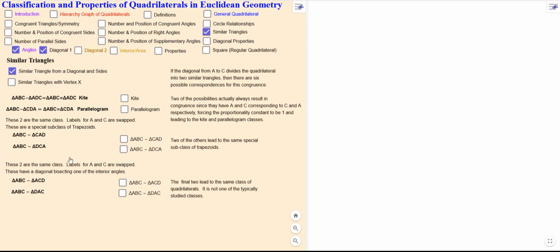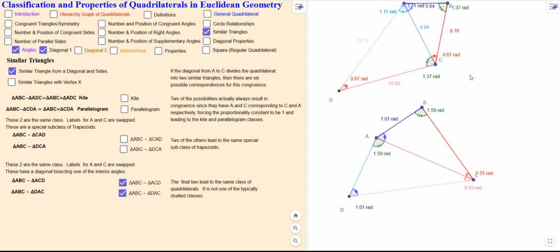And finally, we got two others that turn out to give us the same class. I'll go ahead and pull them both up here. The first one is ABC is similar to ACD. So A has the same size in both of them. So that means you've got an angle bisector up here at A. See how those are both 1.11 radians?